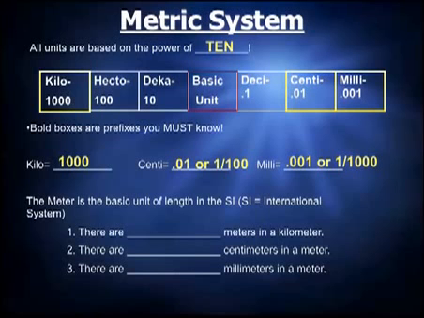And so the nice thing about using the metric system is that to convert from one metric unit to another, we're always multiplying or dividing by a power of 10. Do you have to do it on your calculator if you're going to multiply something by 10?